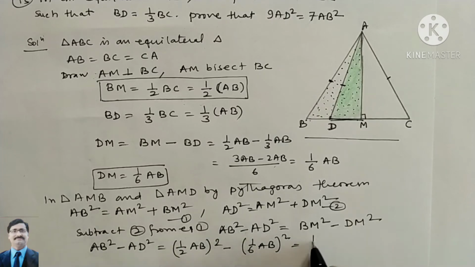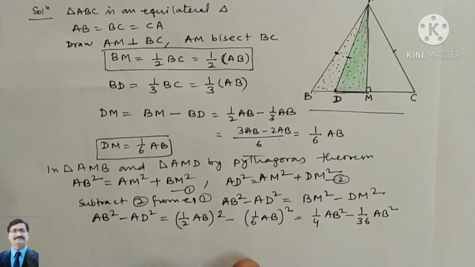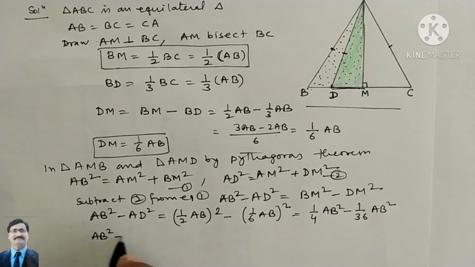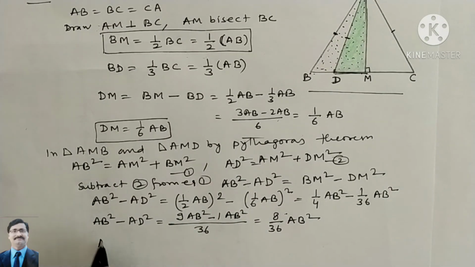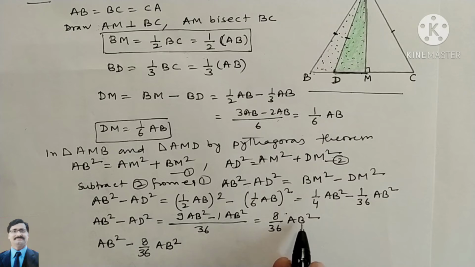Now the square of 1 upon 2 is 1 upon 4 AB square, and here the square is 1 upon 36 AB square, and we take 36 as LCM. 4 9s are 36, and 36 1s are 36, so we have here 8 upon 36 AB square.